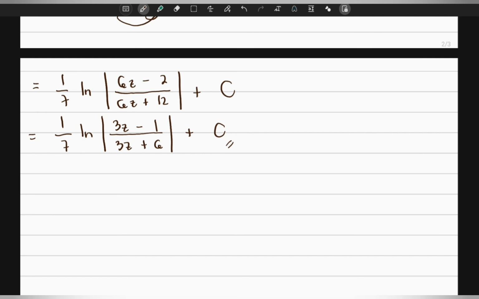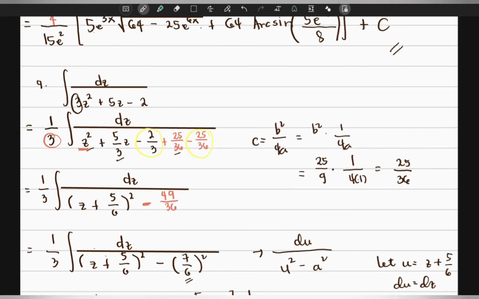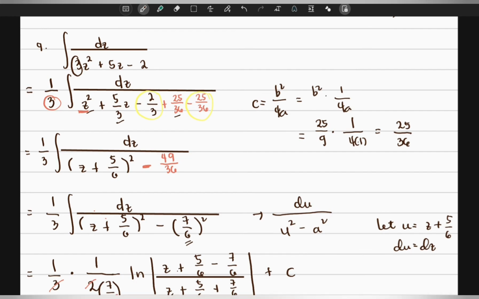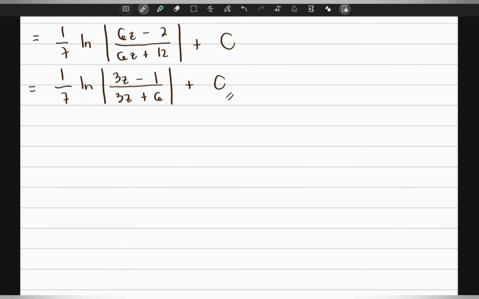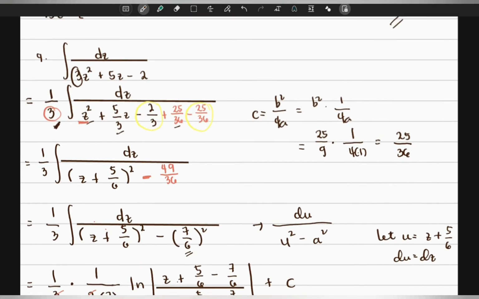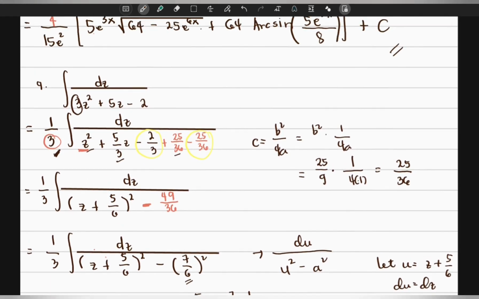So, ayun na guys yung final answer. Okay, guys, you can try to do this nang hindi nilalabas yung 1/3. Tapos, i-compare nyo kung magiging ganito yung sagot. Ganyan na ganyan yung magiging sagot. Actually, na-curious ako.